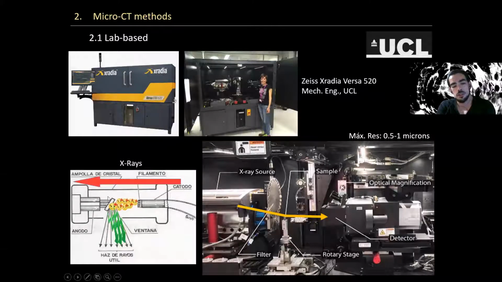In this case, it's a crystal, another part of the instrument in which electrons will crash, and due to this crash at a very fast speed, they are going to release energy, and this energy is within the wavelength of X-rays. Then we capture those X-rays and make them pass through a filter in order to scan our sample, and from these we get the different attenuation coefficients that are going to be captured by our detector and then recorded with a camera.